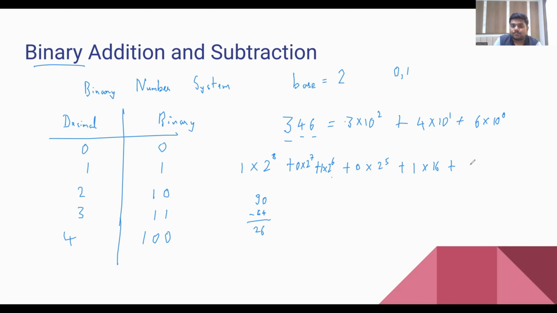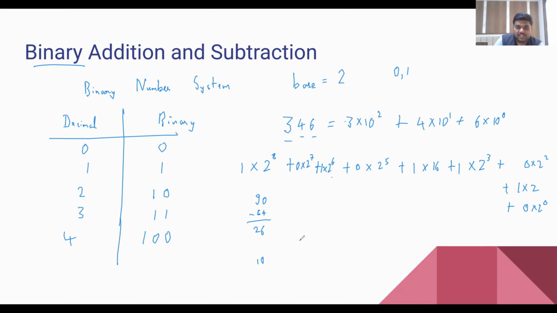What is left? 10. 10 can be subtracted from 8, so 1 into 2 to the power 3, plus 0 into 2 to the power 2 plus 1 into 2 plus 0 into 2 to the power 0.